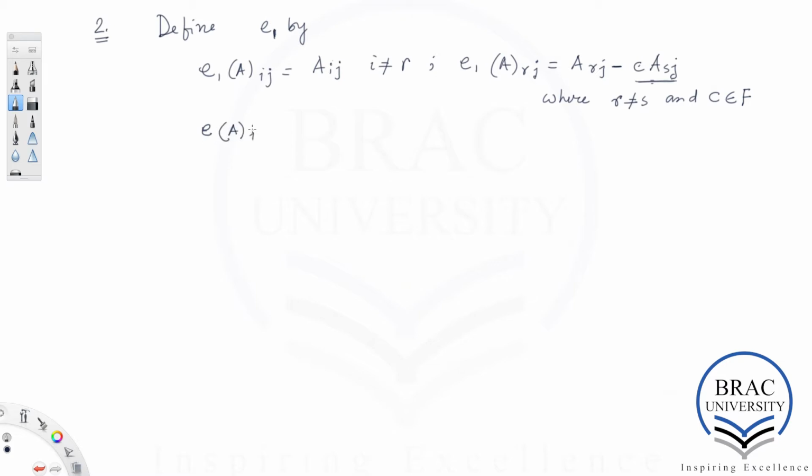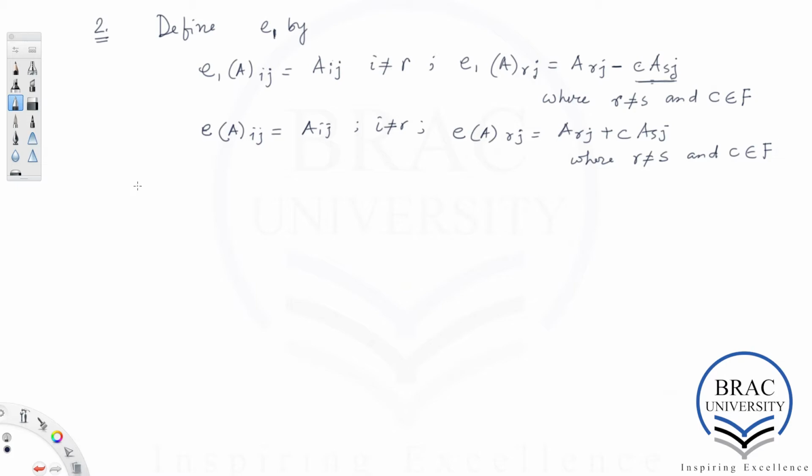E of Aij was the same as Aij when i is not equal to r, and E of Arj was Arj plus c times Asj, where r was taken to be unequal to s and c was any scalar. Okay, this is how the second type of elementary row operation was defined.